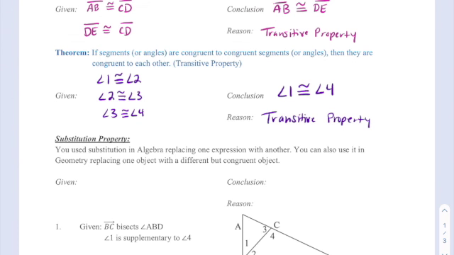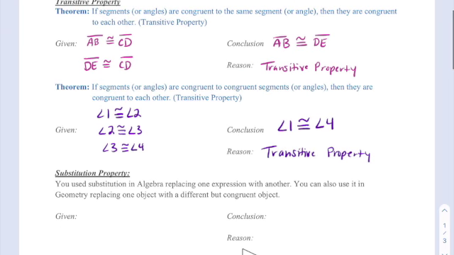Now, in all honesty, it's always been a little confusing to me, the transitive property wording, segments or angles are congruent to congruent segments. An easier way to see what this looks like in reality is that the different segments or angles that we have, we could line them up in a chain that leads one section to another as we work these through.